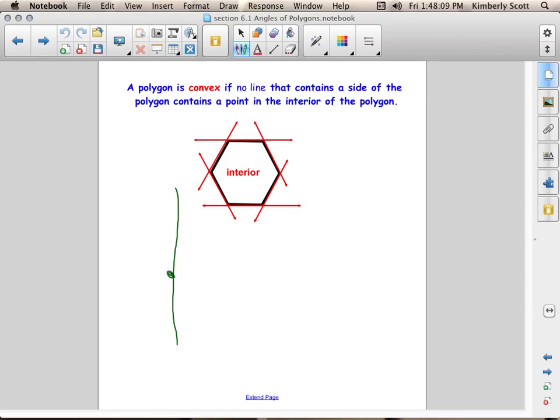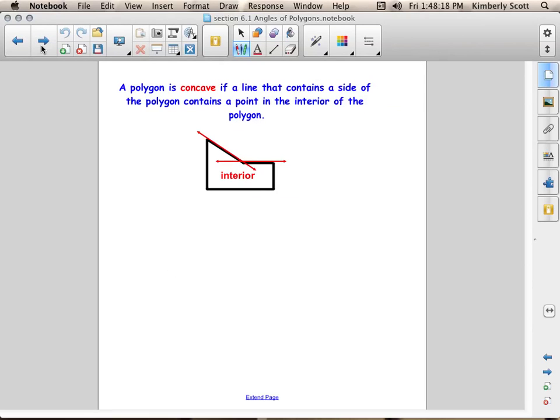That's all you need to know. Convex is the kind of polygons we really want to be talking about for this chapter. Concave, the exact opposite. If you extend this line right here, you will hit points inside the polygon. You don't really want that for a lot of the theorems we're going to talk about.